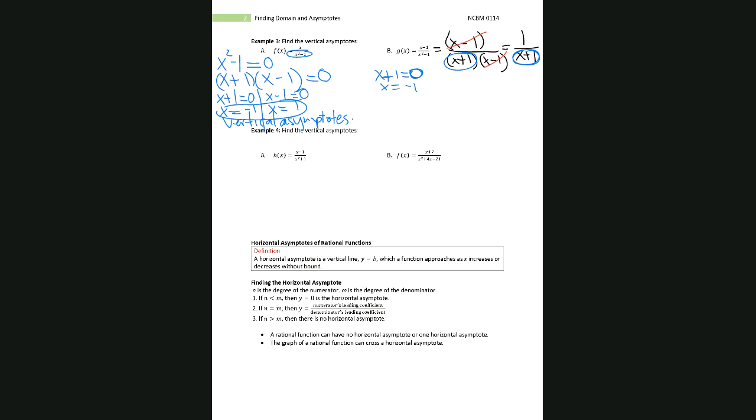However, the factor that was canceled, which we could refer to as a removable discontinuity, will be x minus 1 equals 0, so x is equal to 1. What will happen there is the graph will not have a continuous line. At that value of x equals 1, it will have an open circle, which means not included. Why?